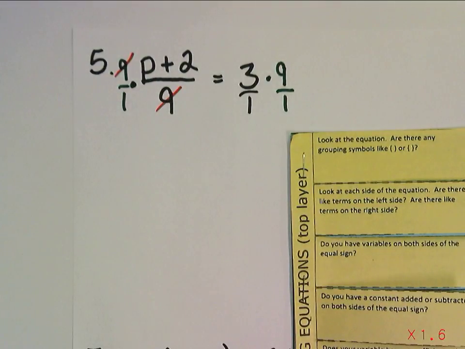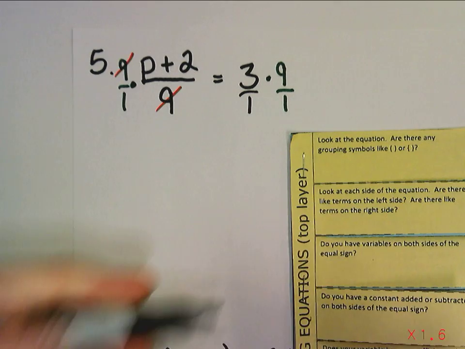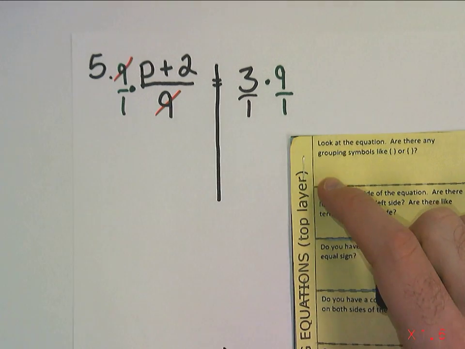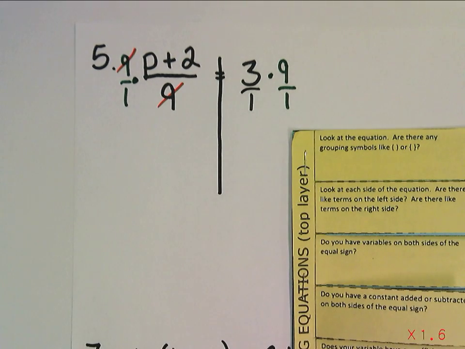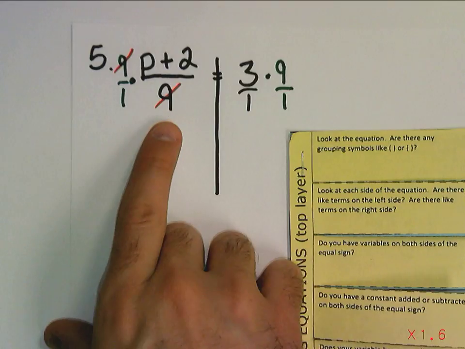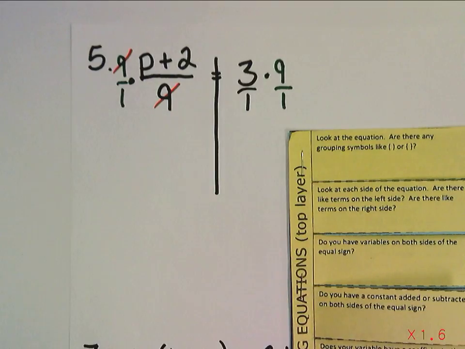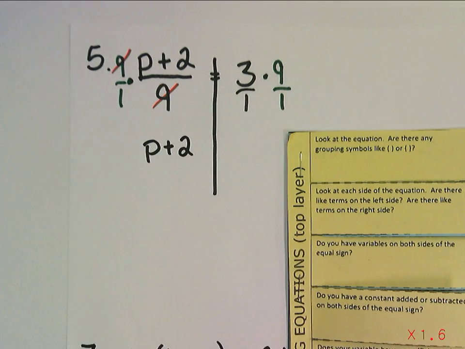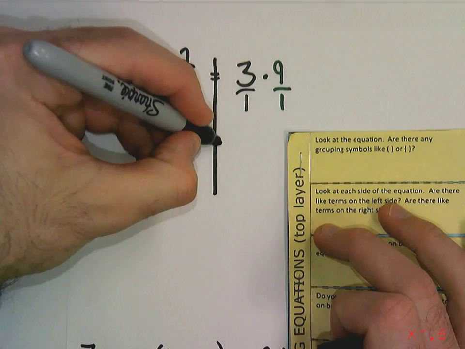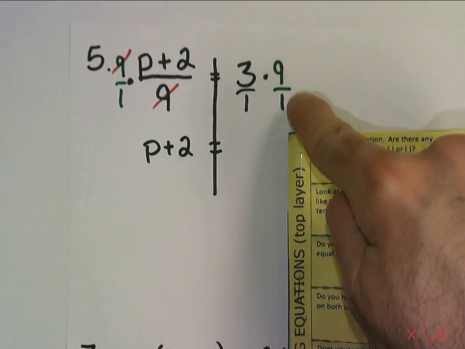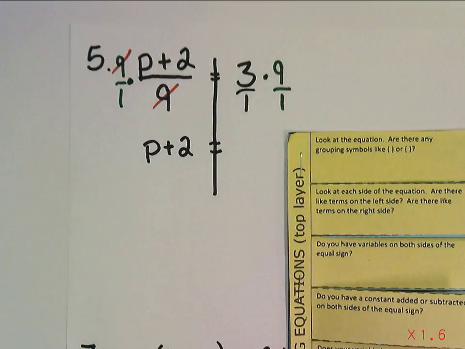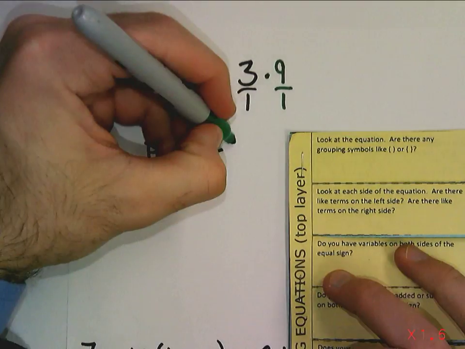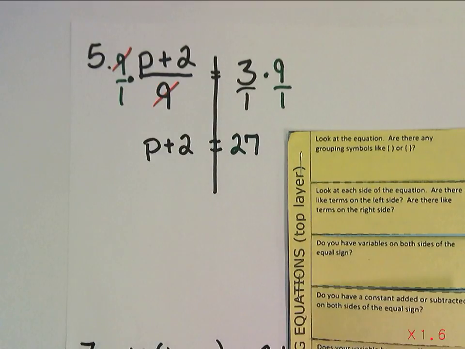So if I were to go back and rewrite this equation again, and I should drop in this line. So I've undone division with multiplication. So on the left-hand side, I should be left with p plus 2. And that's going to be equal to, now we need to carry out this multiplication here. 3 times 9 is 27. Okay?